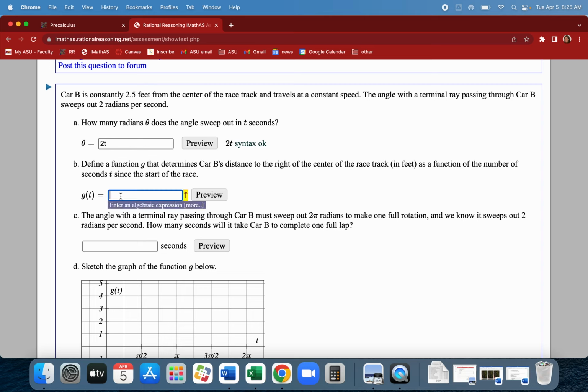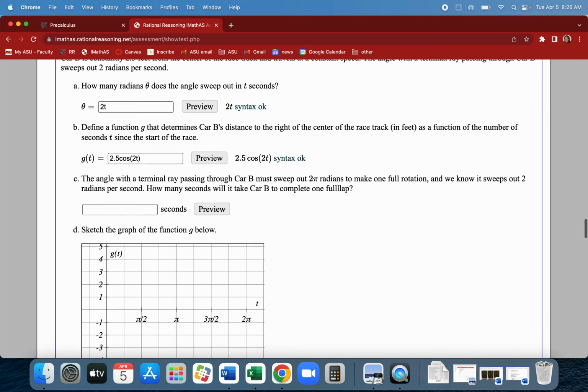So if I'm going to track its horizontal distance, this is going to be our cosine function. 2.5 times the cosine of 2t. All right, so instead of r cosine theta, my r is 2.5. Theta I can compute by doing 2 times the number of seconds that have elapsed.